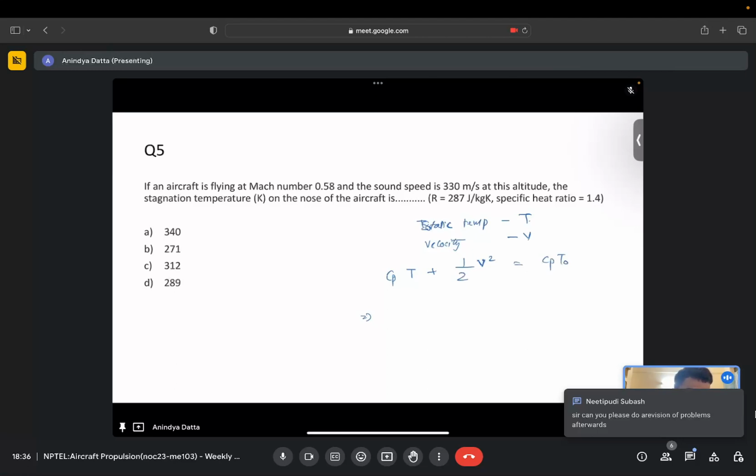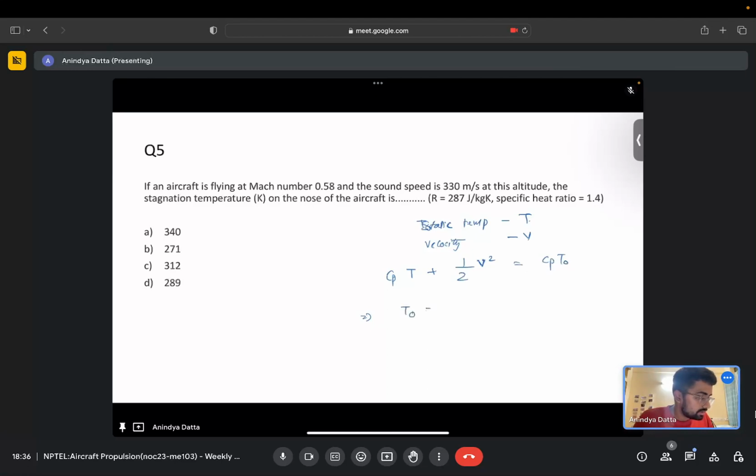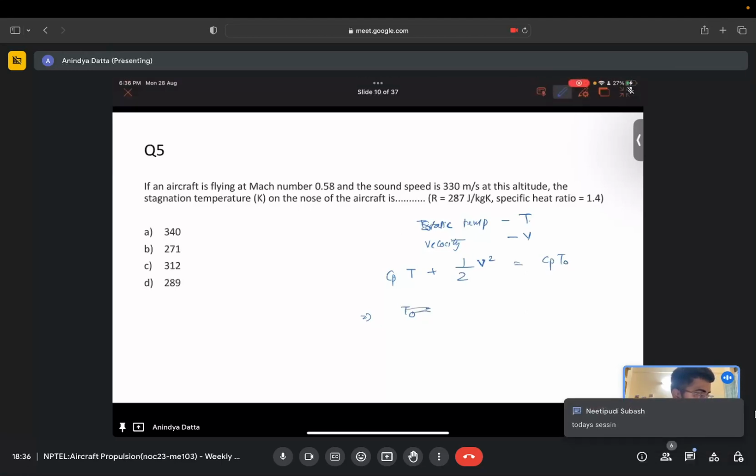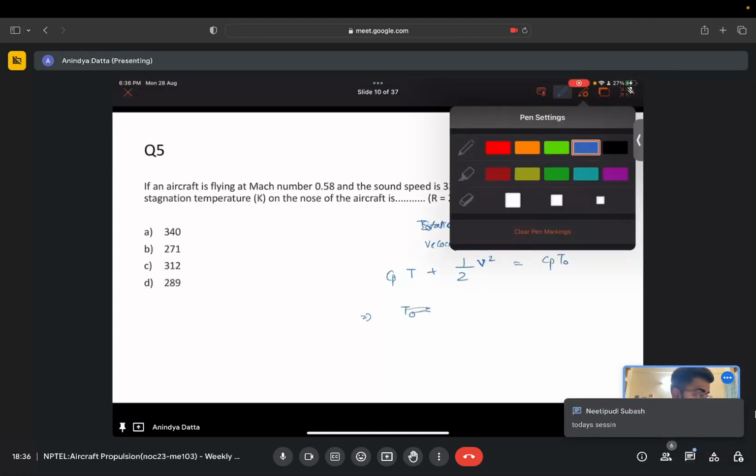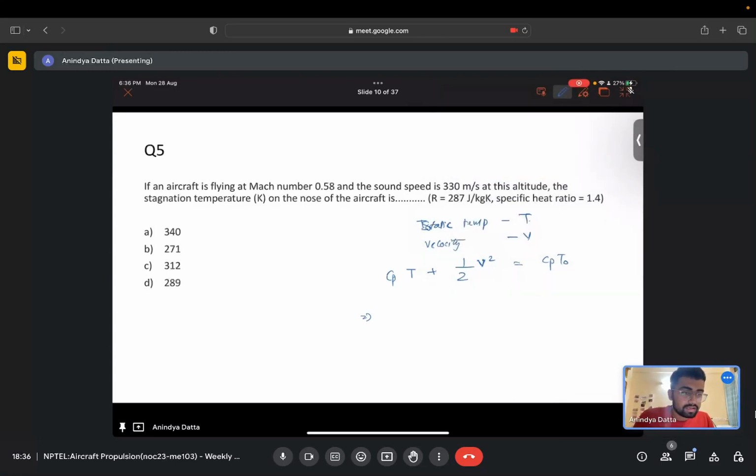Today's session I didn't discuss any problem yet. This is the first problem we are doing. For question 1, we just did a derivation, which is very simple and self-explanatory.